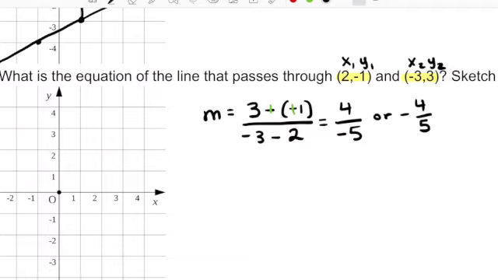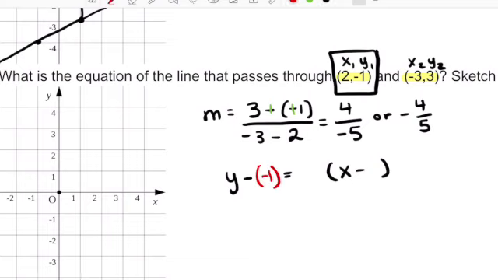Now we need an equation, which means we have to choose a point. So I'm just going to choose this point, x1, y1. And I'm going to have y minus y1 equals m parentheses x minus x1. So our y1 is negative 1.